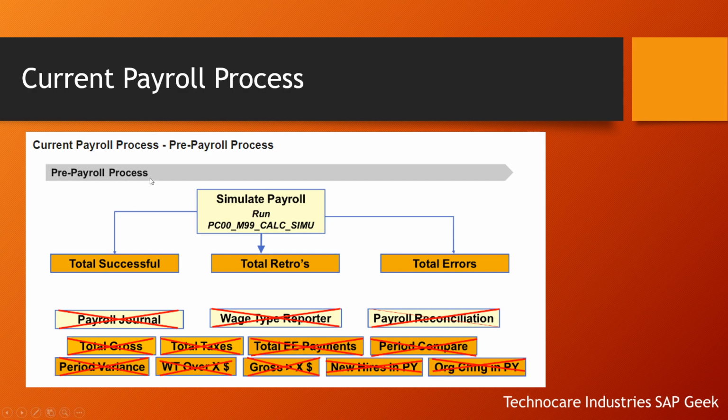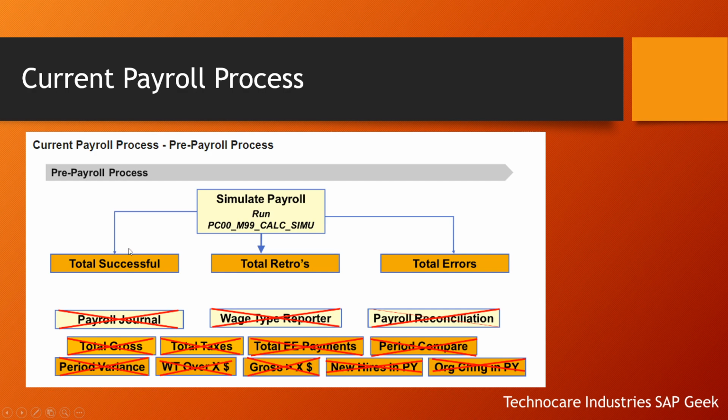Now this terminology you just need to understand, because the pre-payroll process is a major chunk of innovation that SAP has delivered in PCC. What I was able to do during this pre-payroll process is something called a simulation payroll run. When I do a simulation payroll run, what information do we get?